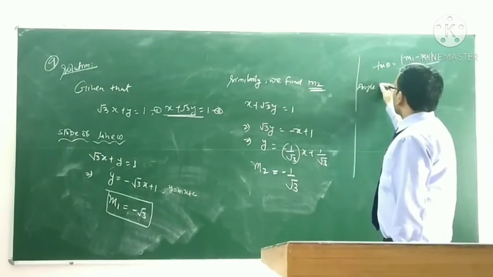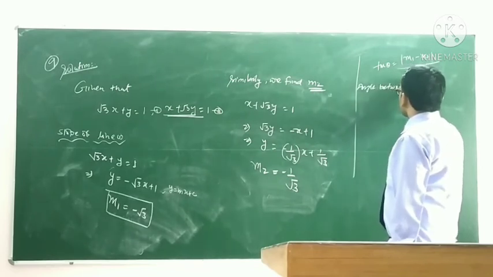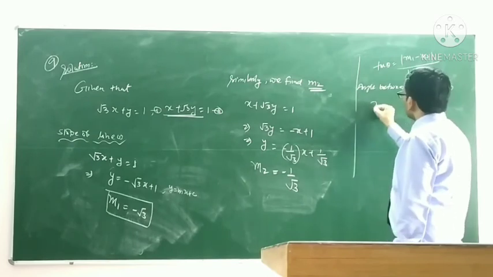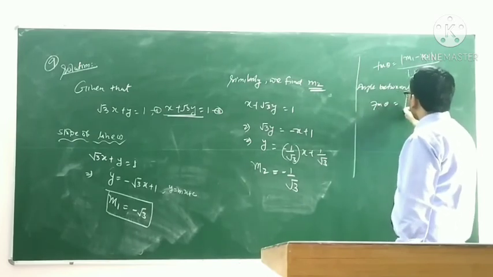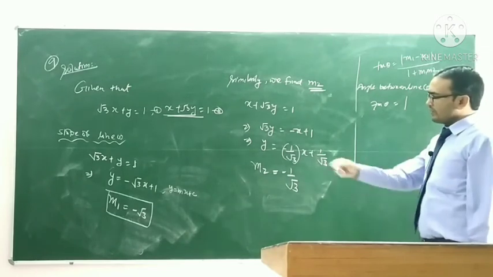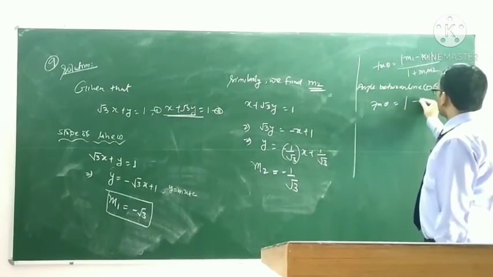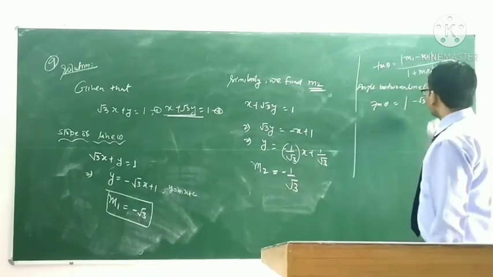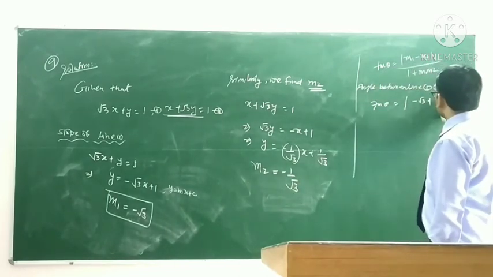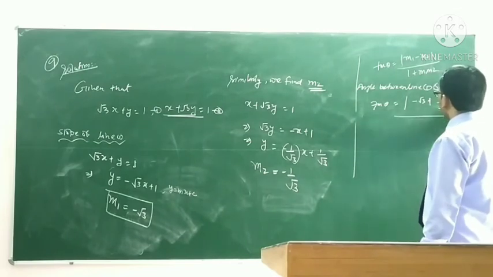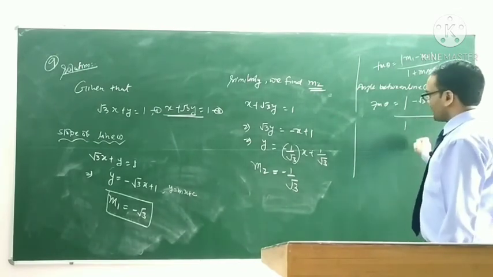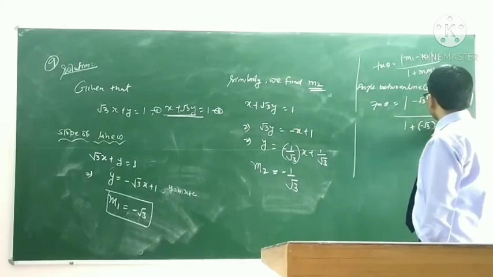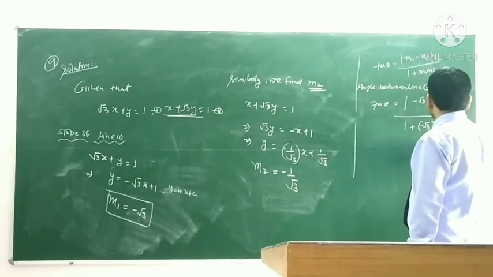Angle between line 1 and 2: tan theta equal to mod of m1, the value of m1, minus square root 3, minus minus 1 upon square root 3, upon 1 plus minus square root 3 into minus 1 upon square root 3.